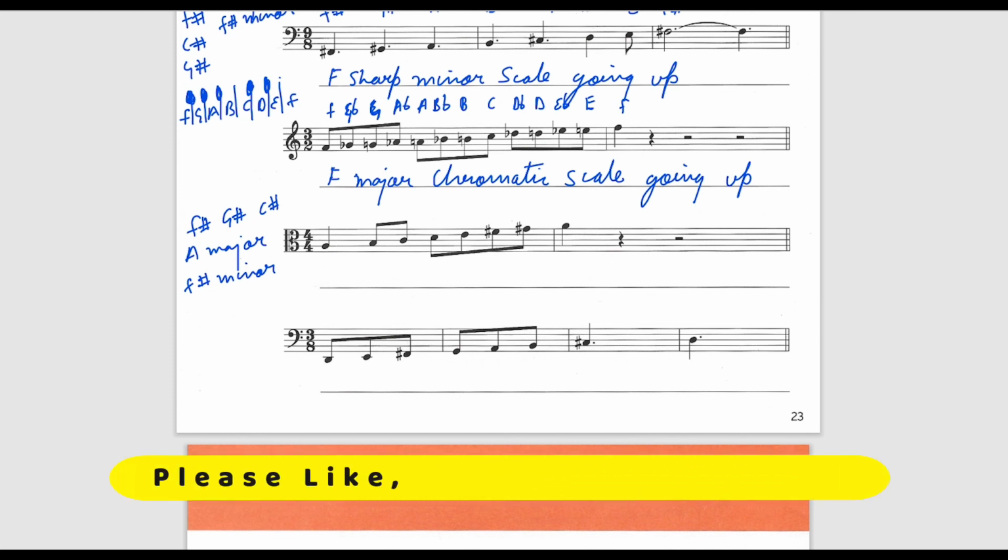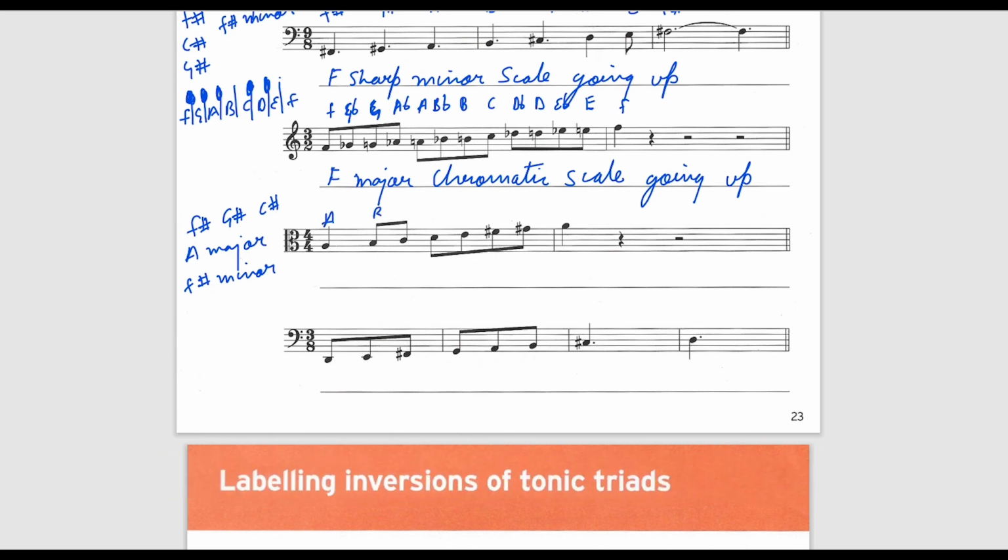But these are the 6th and the 7th degree. So if we write the notes, let's write A, B, C, D, E, F, G and A. Now, these two have become sharp, the 6th and 7th degree.